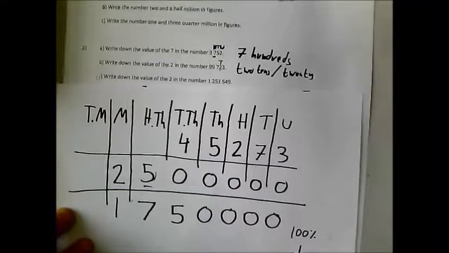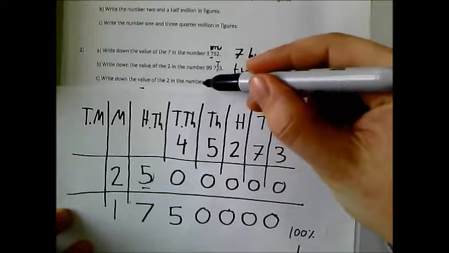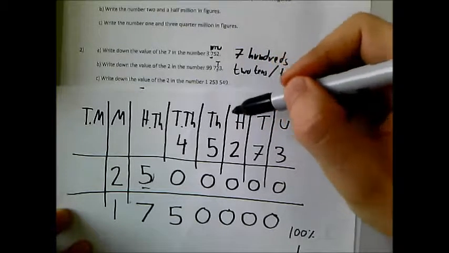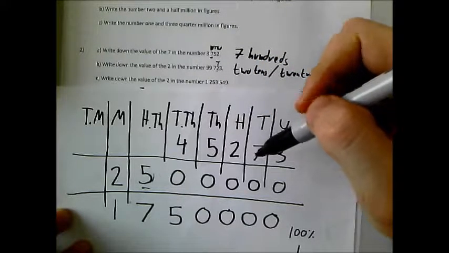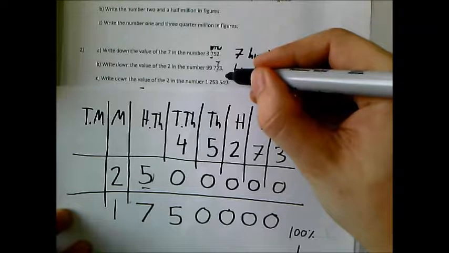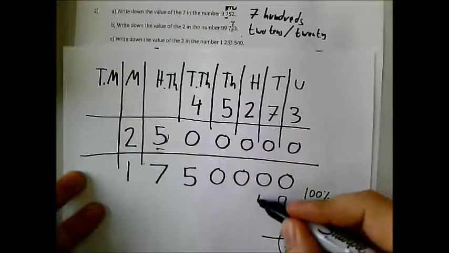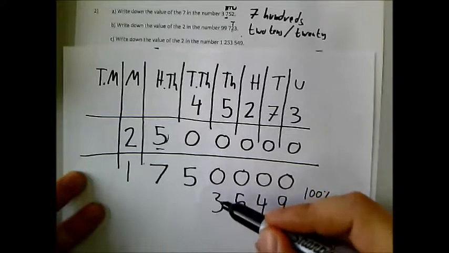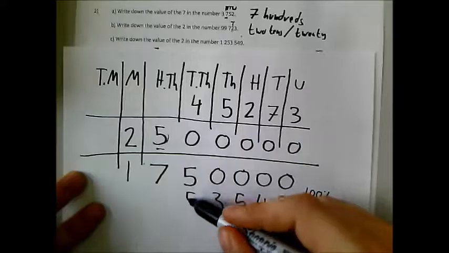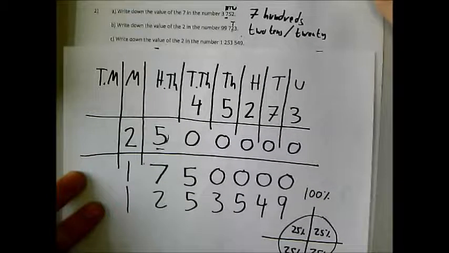Question C. Write down the value of the 2 in the number 1,253,549. If I write this in my place value here, so 9 at the end, then the 4, then the 5, then the 3, then the 5, then the 2, then the 1.